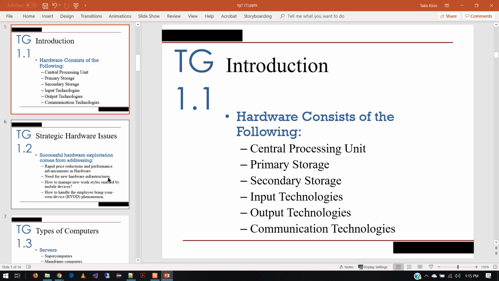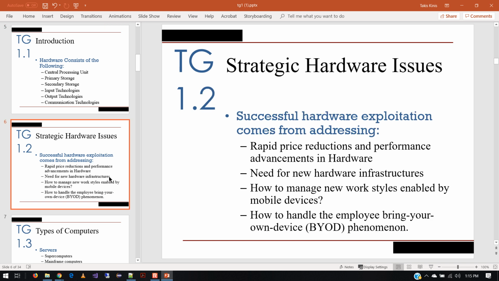So we have all these different categories that are happening. Now what happens with computing technology in general? If it's appropriately used, it can actually make you more competitive if your competitors are not on board.